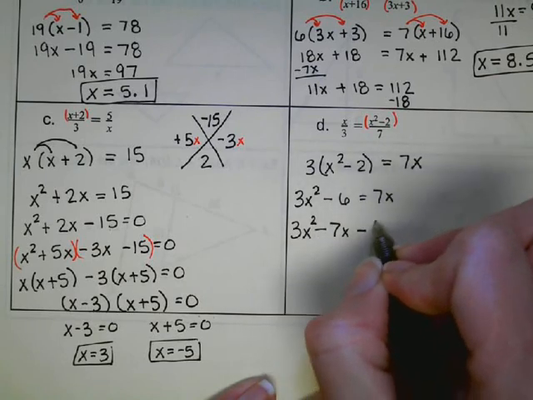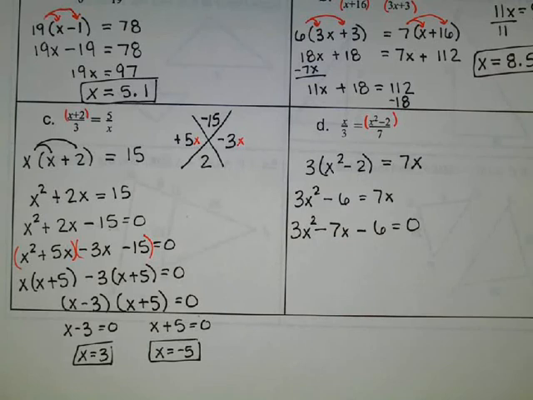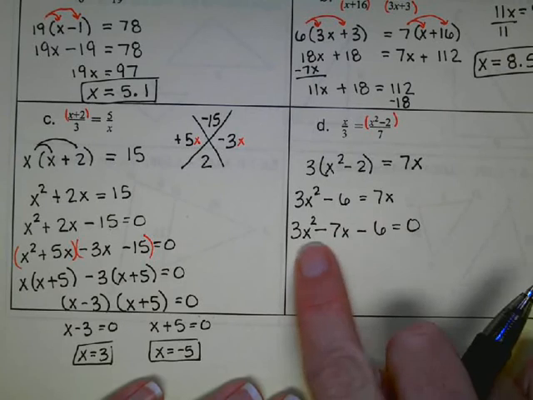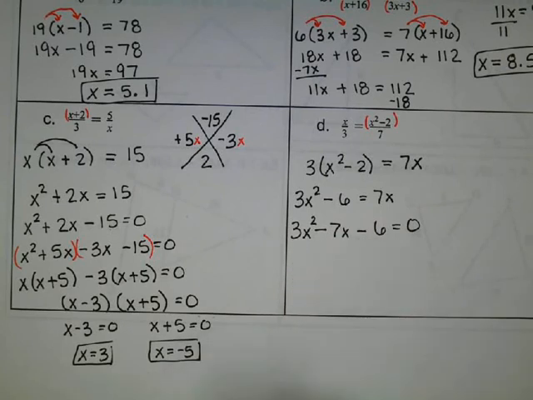You notice on this one, it comes out to a quadratic again. I distribute it. I want to get everything on one side to set it equal to 0. When I subtracted the 7x over, I made sure I put the x in the middle because you want it to be x squared, x, and then a number.